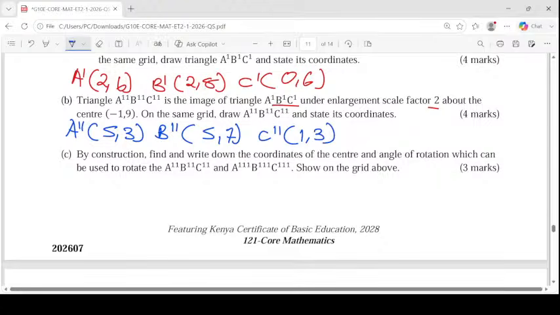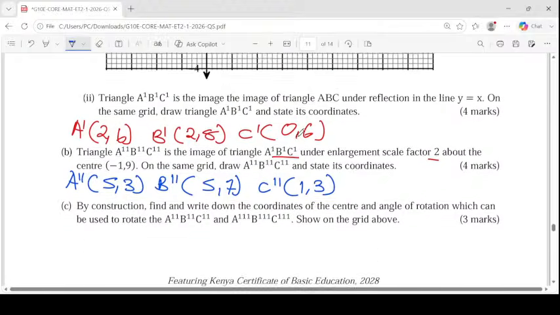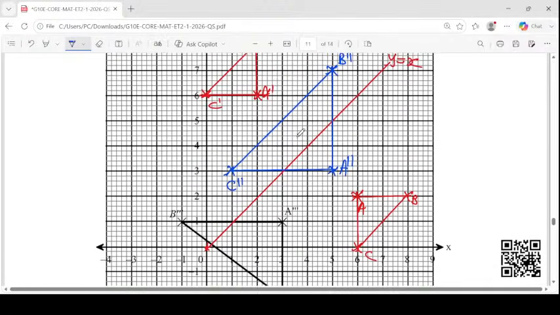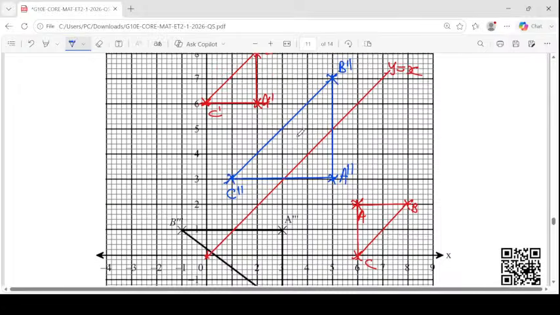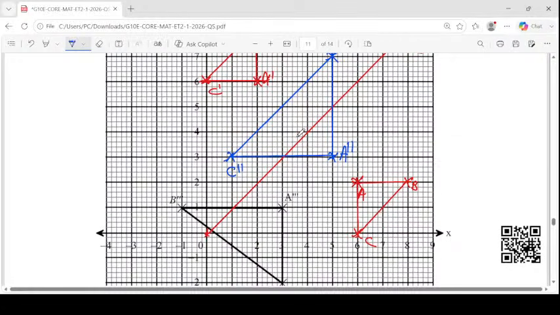the angle of rotation, which can be used to rotate A double prime and A triple prime. Let me see. A double prime and A triple prime. It was rotated this way. But now this one is simple.